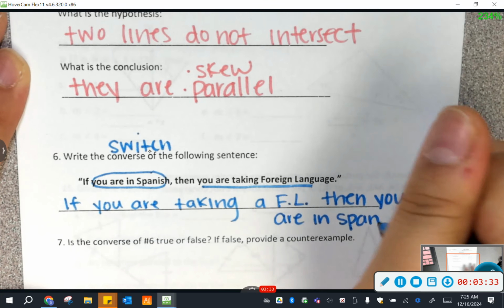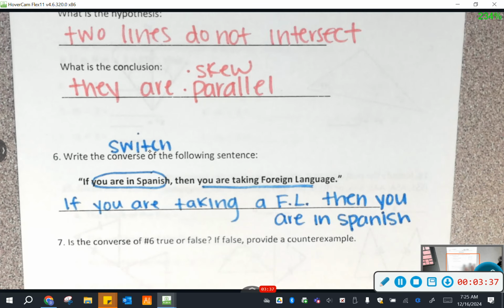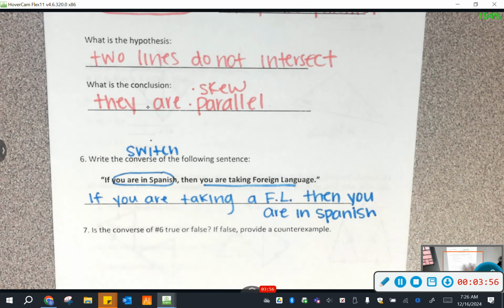By the way, your test is 50 questions. It's tomorrow. All of it is matching. So it's going to be broken up in sections, basically by units. You'll have a section about conditionals, and then you're going to match the answers.